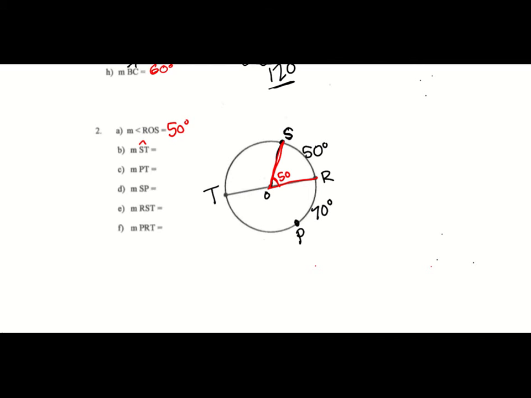Arc ST is the rest of that semicircle. So if we know a semicircle is 180, and we take away this piece right here that is 50, we are going to be left with 130 degrees for ST.